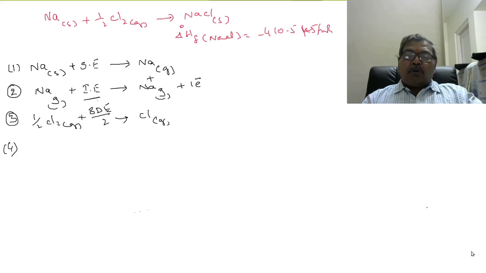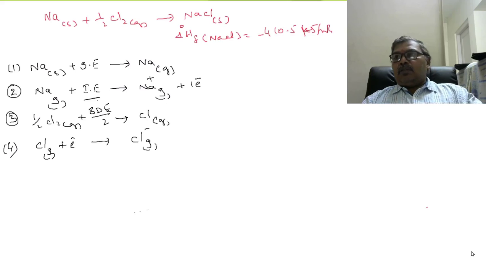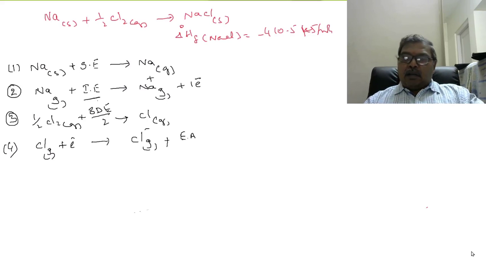Next, number 4, chlorine atoms gain an electron from sodium to give Cl minus ions. Now here energy is liberated, and that energy is called electron affinity or electron gain enthalpy. See, what is electron gain enthalpy or electron affinity?